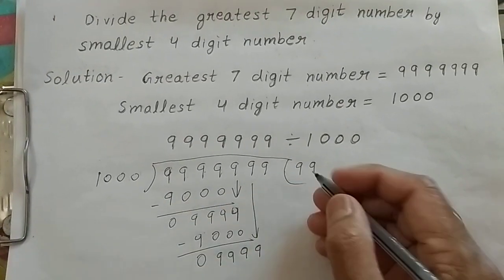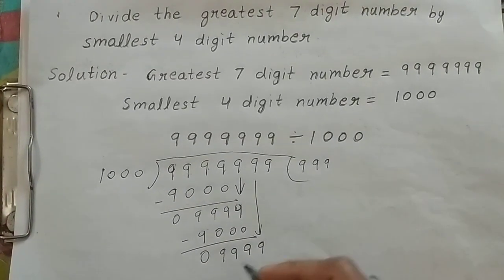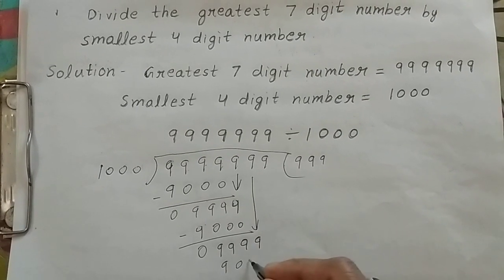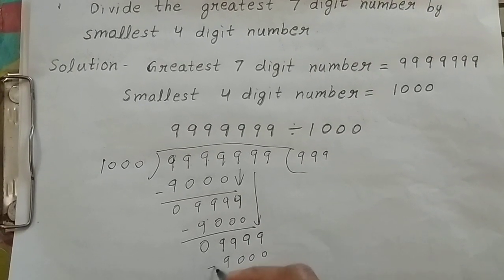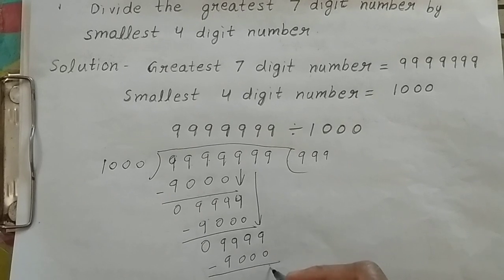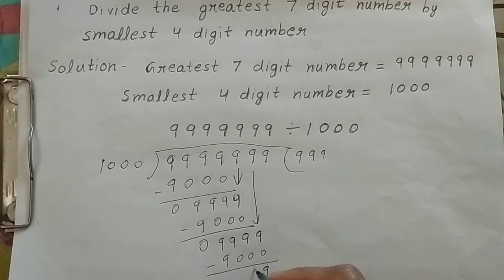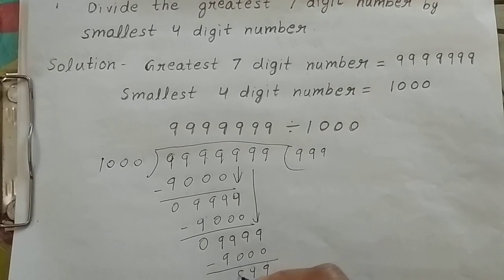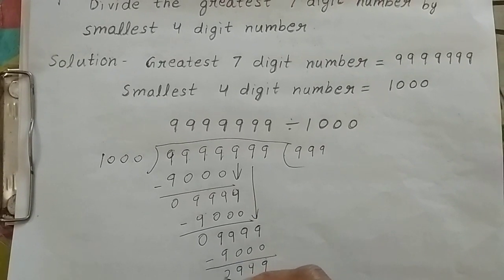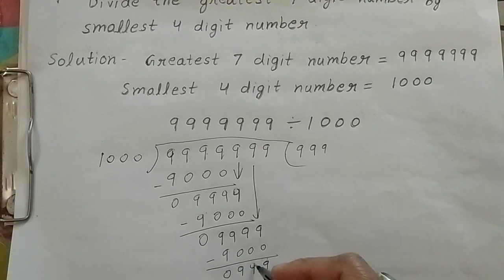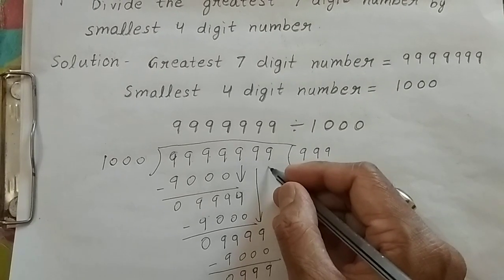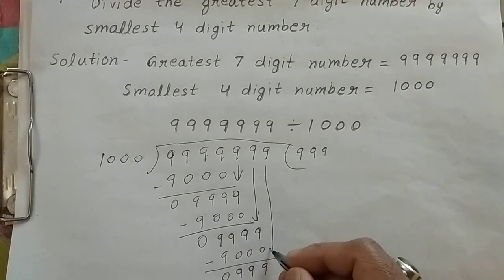So 1000 multiplied by 9 is 9000. Subtract. Now write down this 9 also.